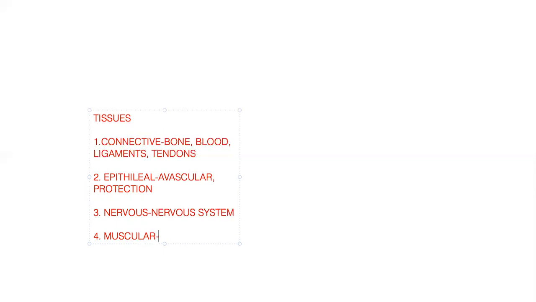In muscular tissue, there's 3 types: smooth, skeletal, thinking of bone, and cardiac. The biggest thing to know is which one is voluntary and which one is involuntary. Involuntary, meaning that you have no control, is smooth and cardiac.